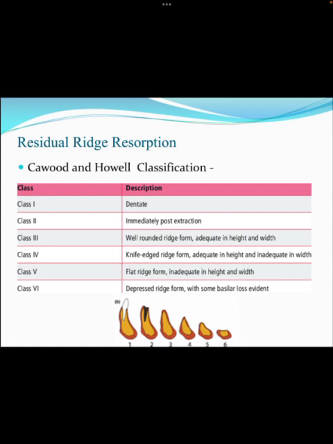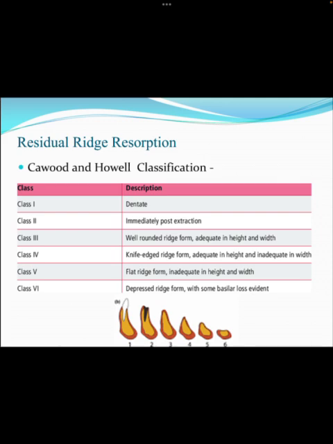For residual ridge resorption, according to the Cawood and Howell classification, we can classify it as class 1, 2, 3, 4, 5 and 6. In class 1, the ridge is dentate, teeth are present. Class 2 is immediately post extraction, and in class 3, after extraction, the ridge is a well rounded ridge form.